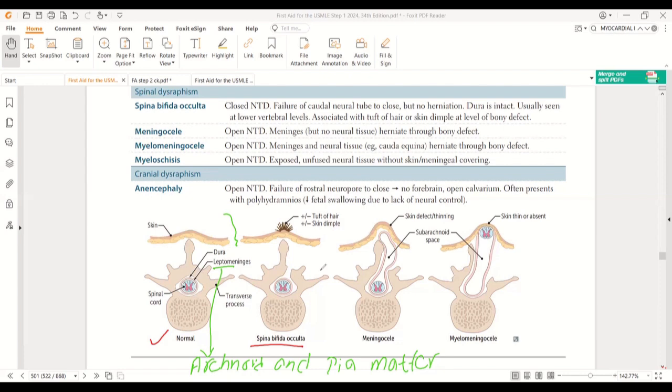So there is a bony defect in the vertebral arch in spina bifida occulta, right? Okay, and there may be a tuft of hair and skin dimple. They give you this kind of description in your questions, and they want to know about the association of this pathology. This pathology is associated with maternal diabetes and maternal folate deficiency, right?